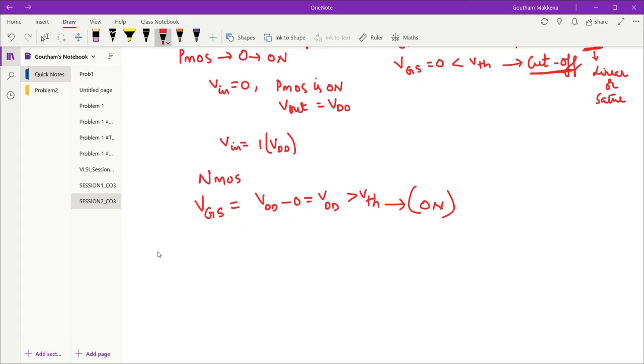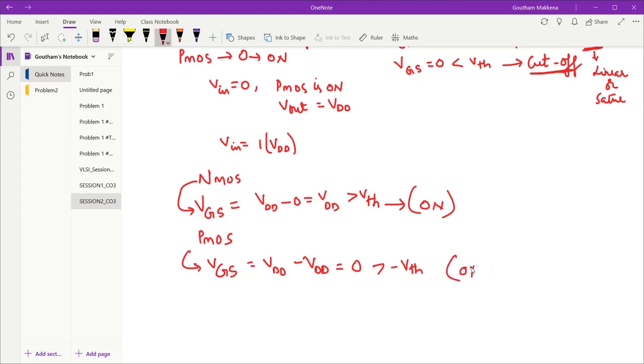Similarly, what is happening to the PMOS? When Vin is equal to 1, this is VGS of the PMOS, and the other is VGS of the NMOS. VG is VDD, and Vs is also VDD, so VGS is 0, and 0 is greater than minus VTH.